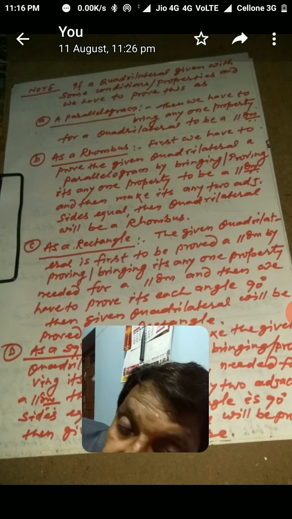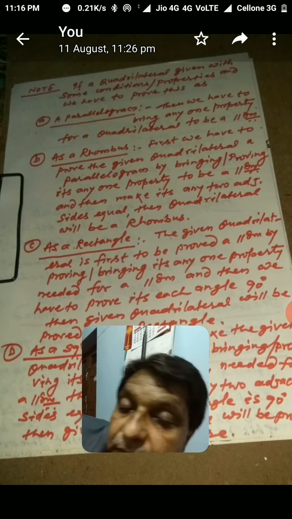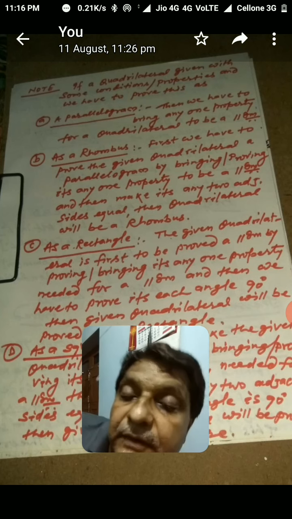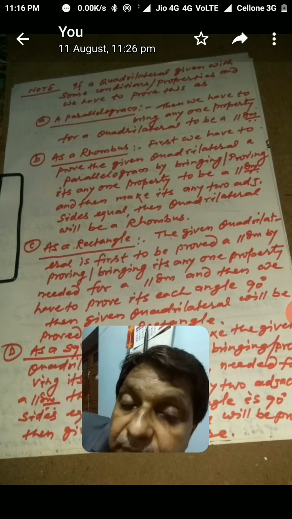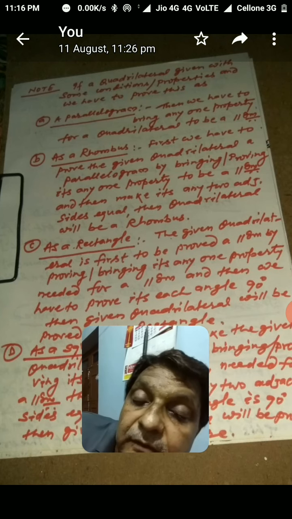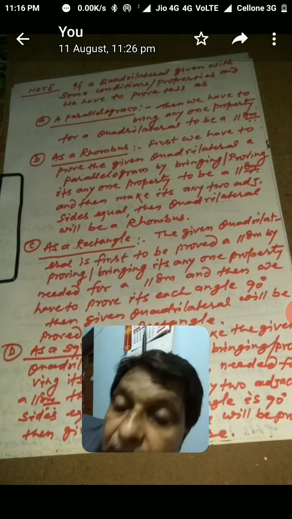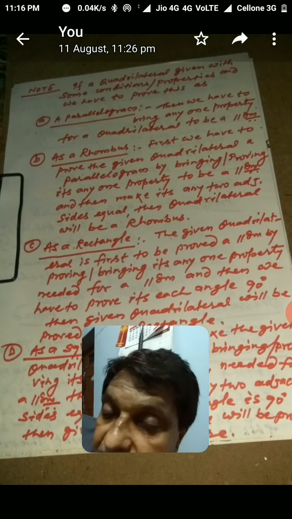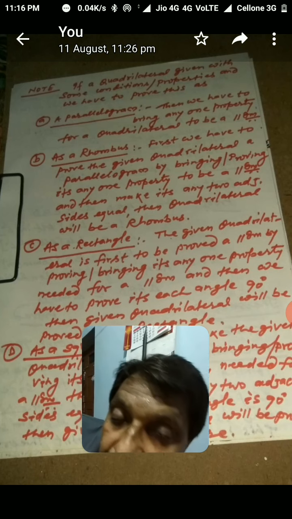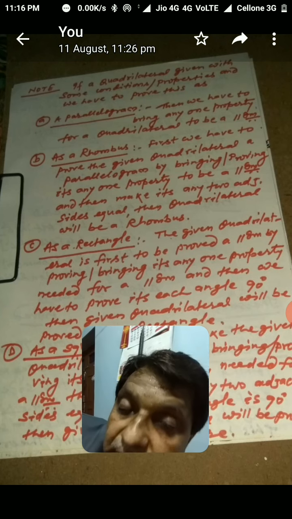So we will prove some theorems, and anything else remaining. Students, I hope it is very clear for you in gaining the concept of quadrilaterals, as well as in solving the rider problems of your book, whether it is NCERT or any other. You can solve almost all questions by watching this video.